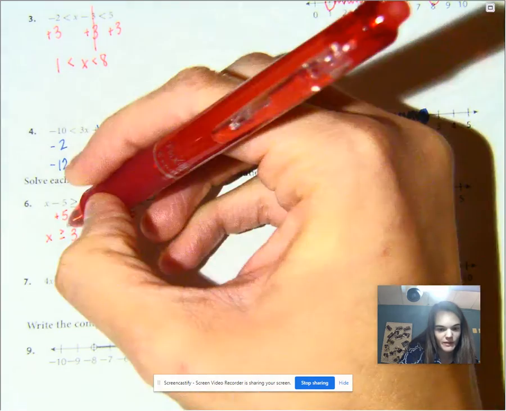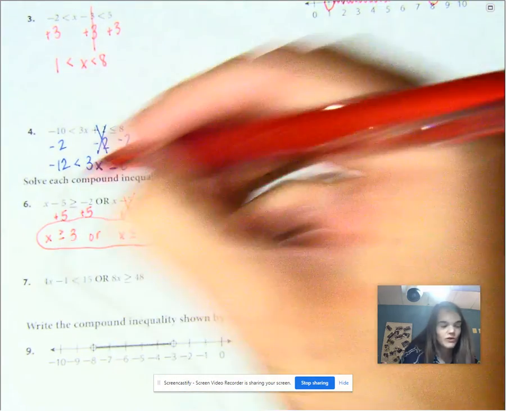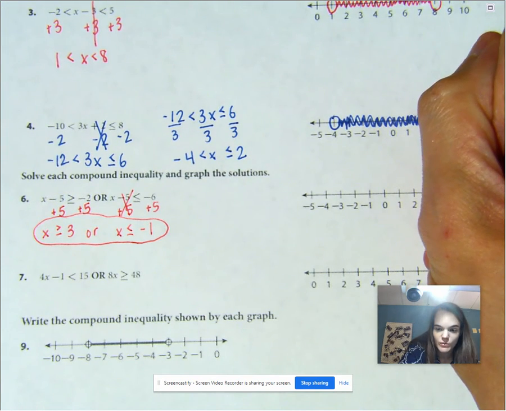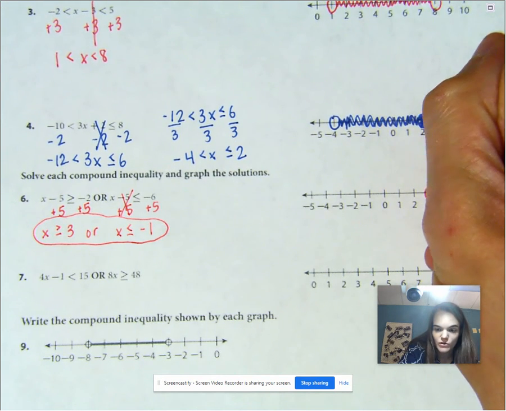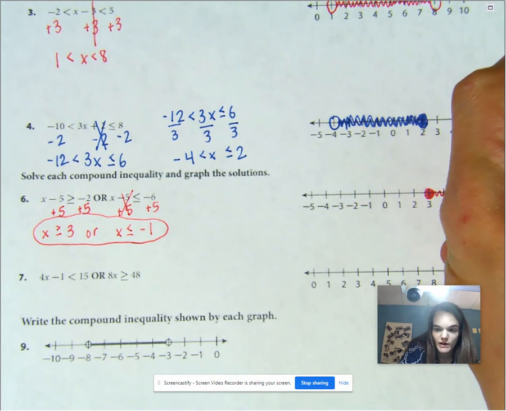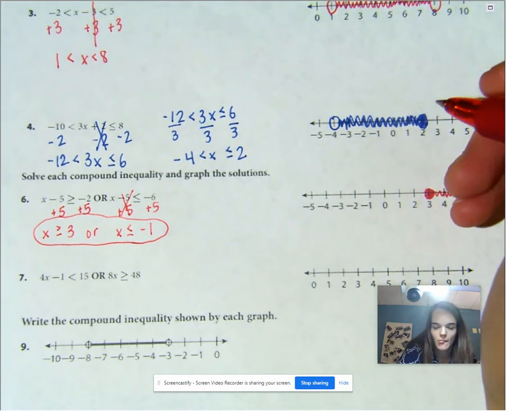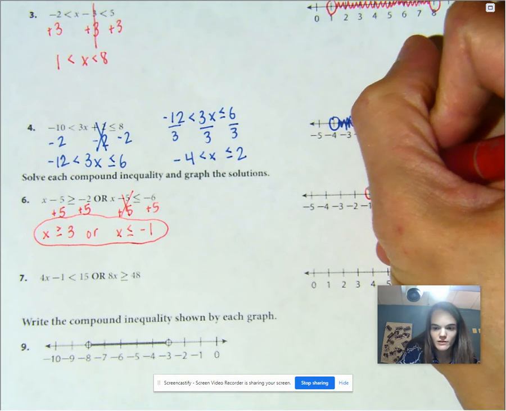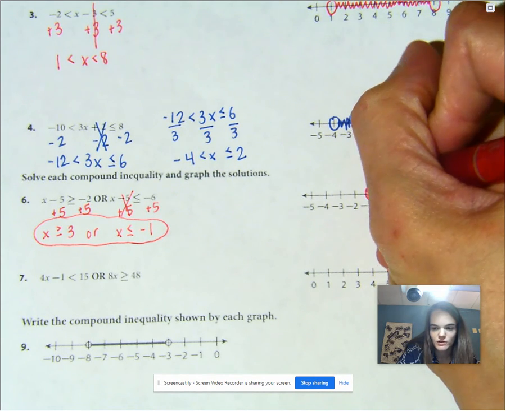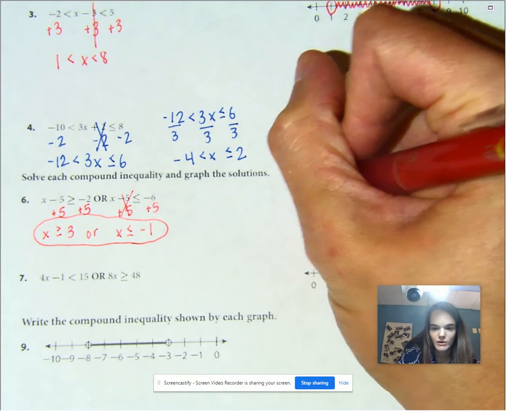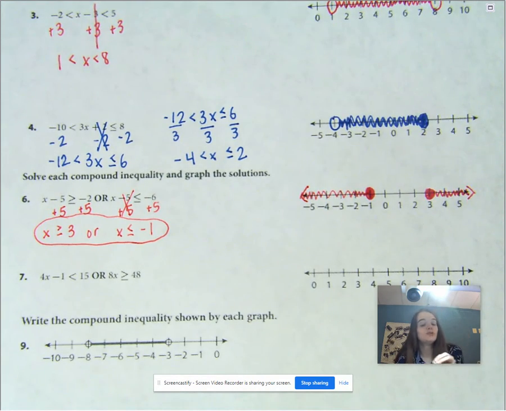Put an or between them. We're going to graph. This says x is greater than or equal to 3. Close the circle. Shade to the right because it's greater than, and put an arrow. It goes on forever, that's why we're putting those arrows. Circle negative 1. Close the circle. Shade to the left because it's less than. Put an arrow. Remember, ors should point in the opposite direction except for very special cases.